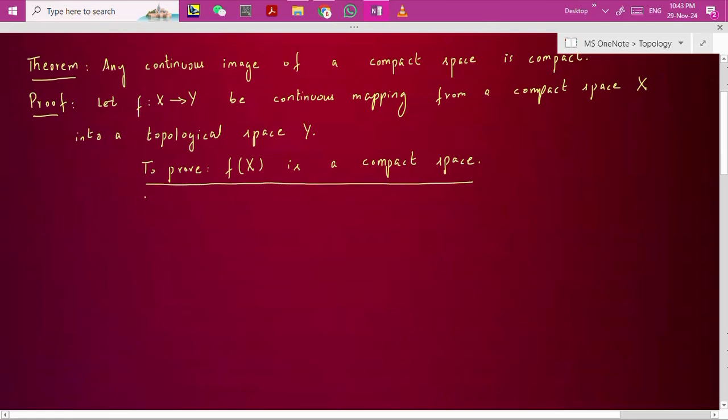This is our main aim, that we have to prove that the image of f, which is f(X), is a compact space.